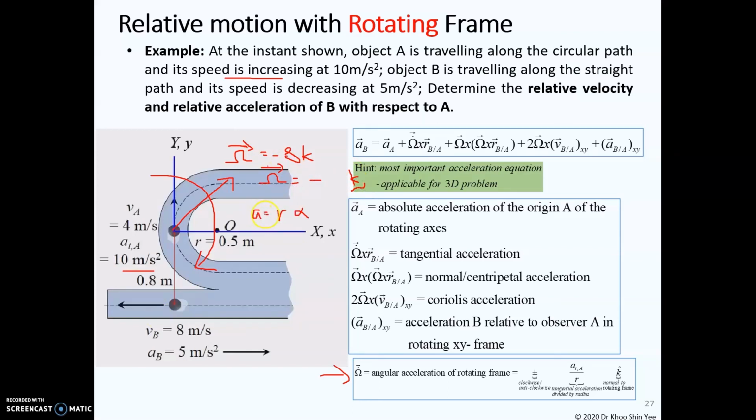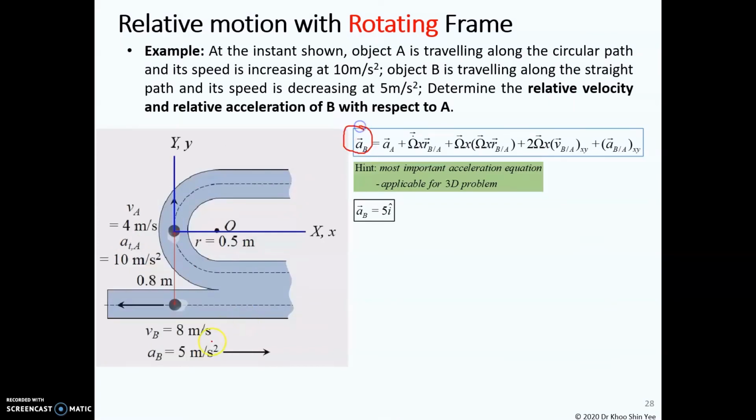Since acceleration is equal to radius multiplied by angular acceleration, we can find Ω dot equal to the tangential acceleration, 10 meters per second squared, divided by the radius, which is 0.5. So 10 divided by 0.5, you obtain negative 20k. This is the answer for the angular acceleration.